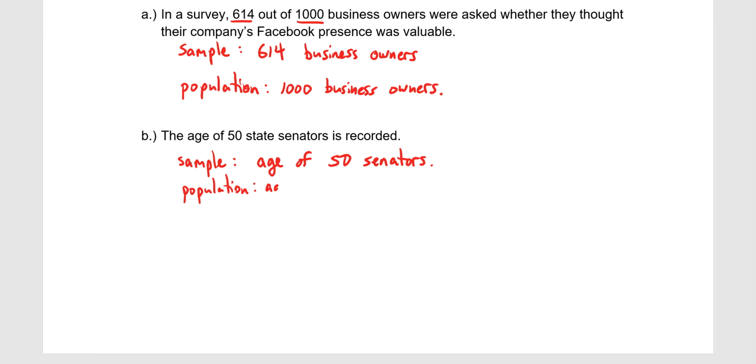So the age of all, and there's 100 state senators, the age of all 100 senators. Okay, so hopefully easy enough for that. Population, all outcomes of interest, and the sample is a part of the population.